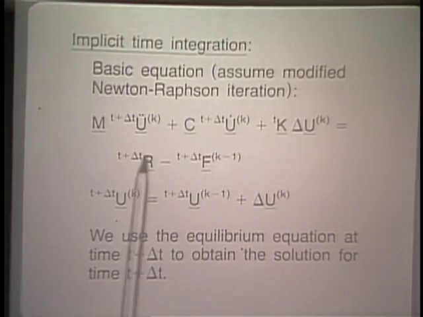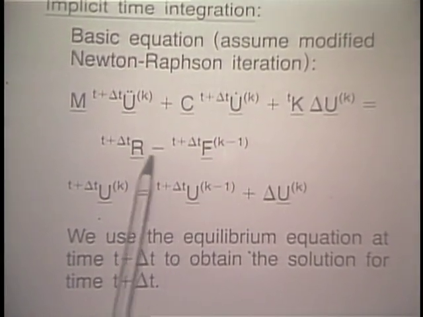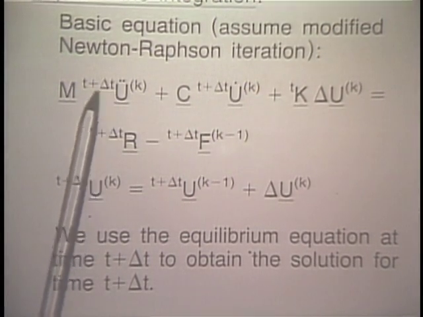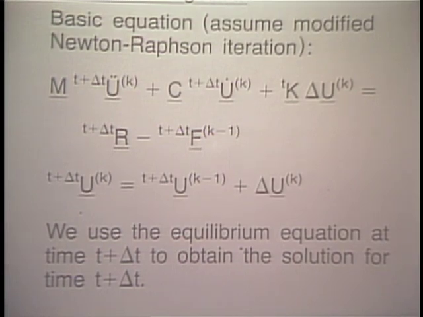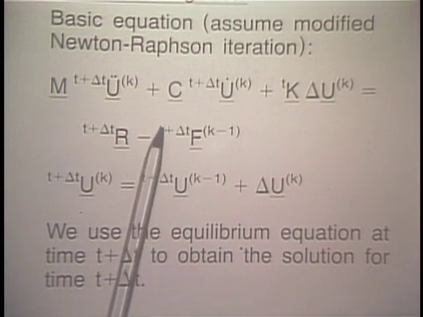In any implicit time integration scheme, we are solving this equation here at time t plus delta t, to obtain the solution at time t plus delta t.